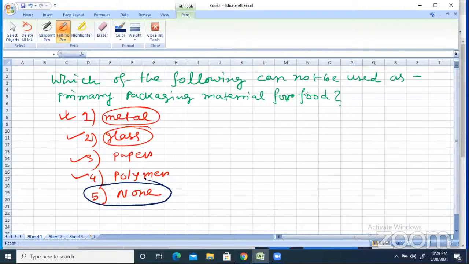It is not specified which type of polymer or paper or glass or metal it is. You cannot use any kind of metal, and metal you are not directly using. Lacquering is there. So directly glass, metal, paper, polymer is not your primary kind of packaging.